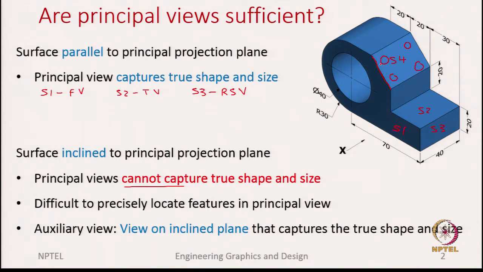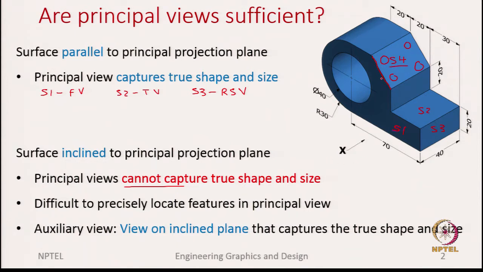So, to overcome this, one option is to use auxiliary views, where the projection plane used is not in line with the principal planes, which are the horizontal plane, the vertical plane or the profile plane, but you can take an inclined plane which is parallel to the surface you are interested in. So, here the surface of interest is S4.